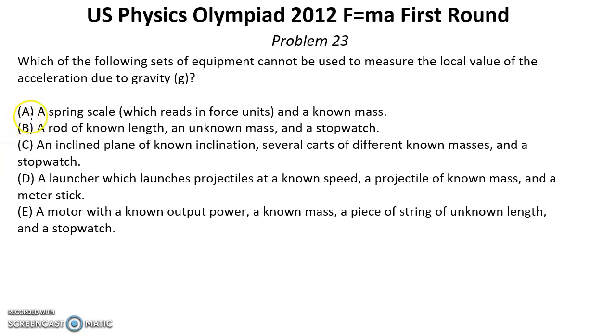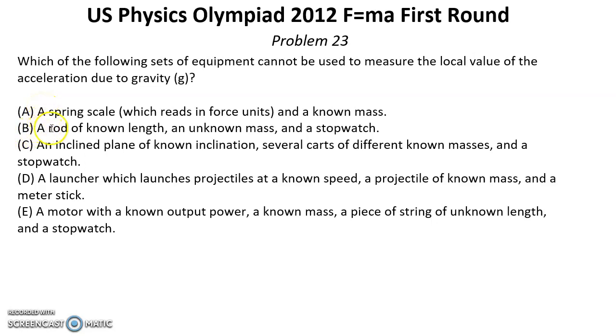Let's examine all these sets. A. A spring scale which reads in force units and a known mass. This set could definitely be used because if we divide weight by mass, we will get g. So this is not the correct answer.